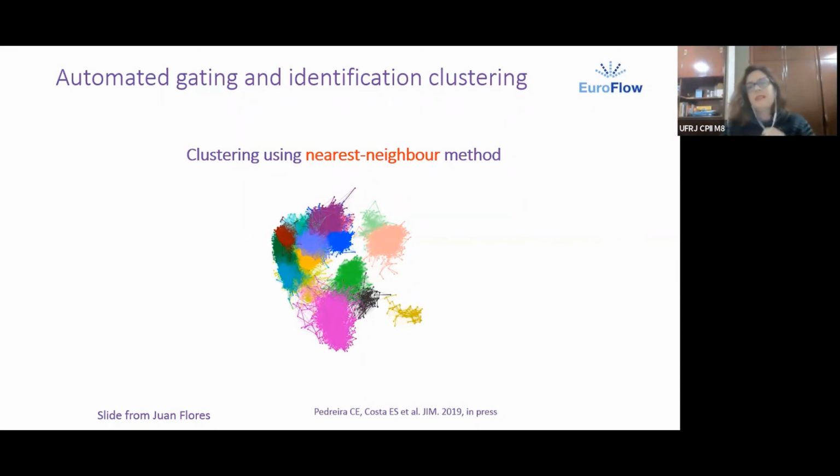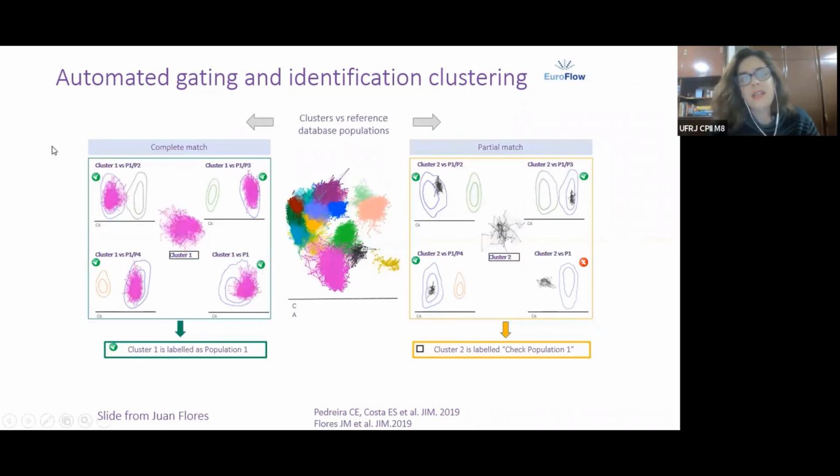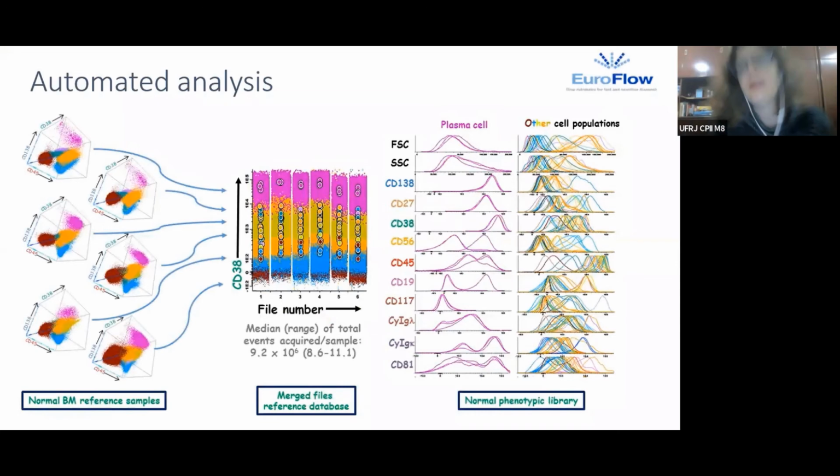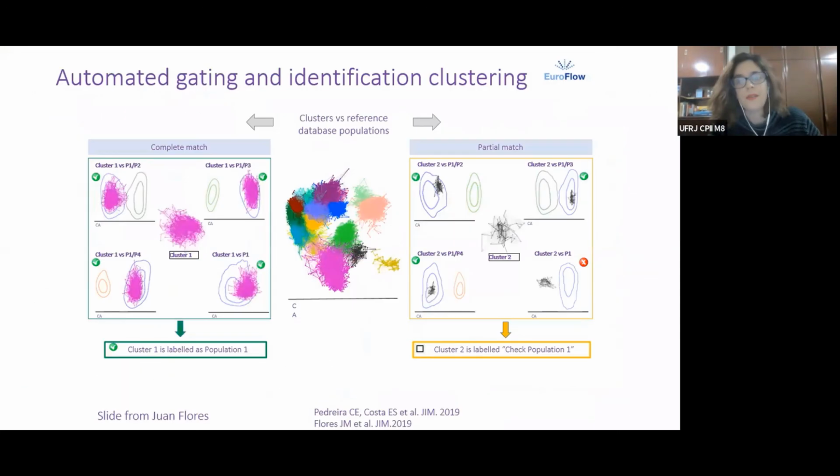But this is used in automatic gating to first cluster the events, and next each cluster identified is compared with the cell populations that were described in our normal library. So if the cluster completely matches our reference population, it's labeled as such population.